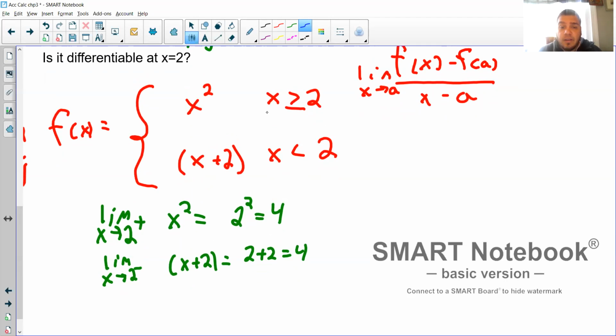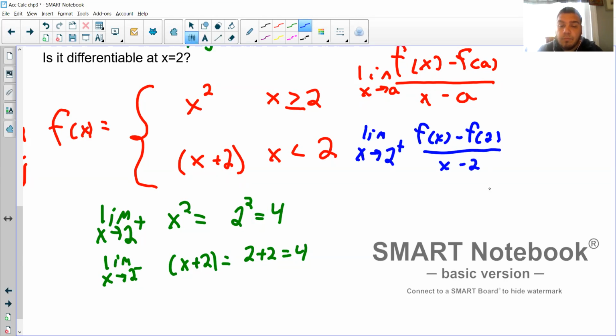We're going to start off with the slope, or the limit, as x approaches a. Remember, a could be used for any number. In this case, a is 2, from the positive side, for the derivative. So I'm going to plug it in as f of x minus f of 2 over x minus 2.